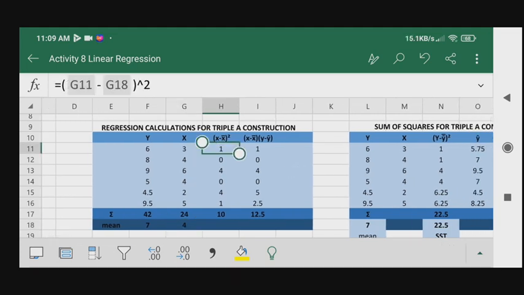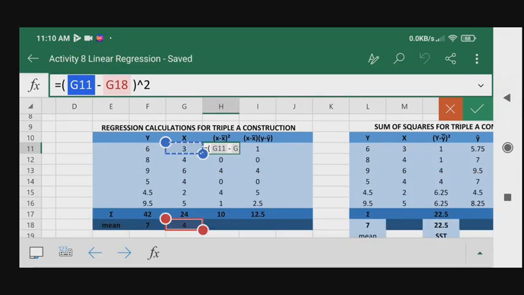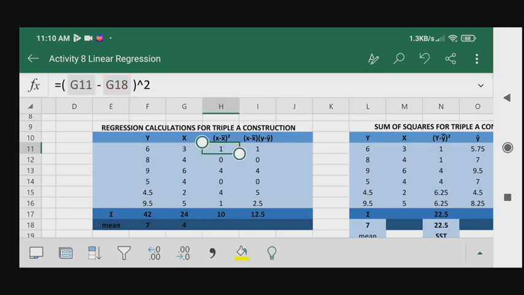In order to get the answer here, we need to follow the formula. The first is G11, which is 3, minus G18, squared, equals 1.